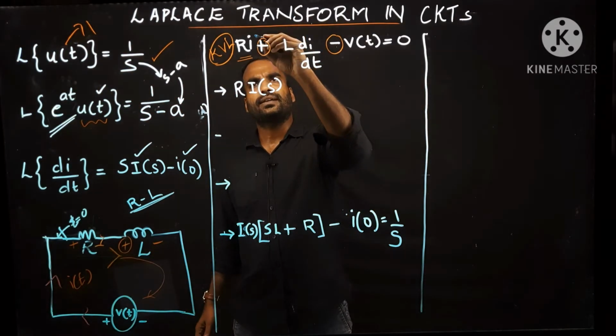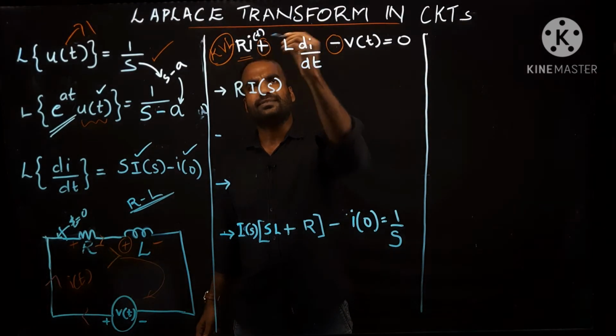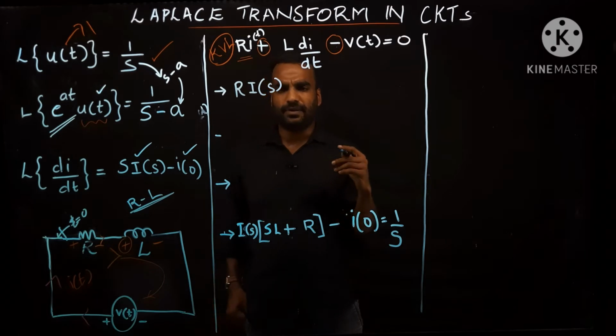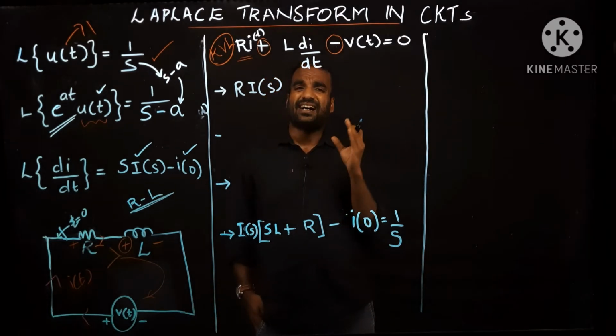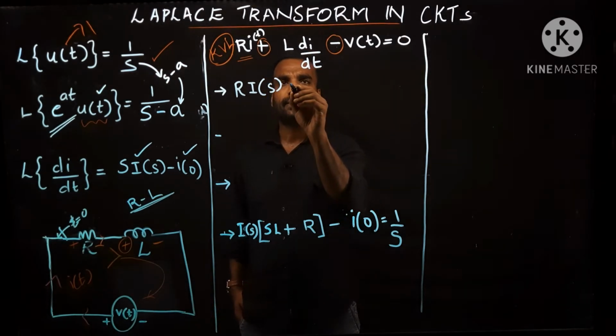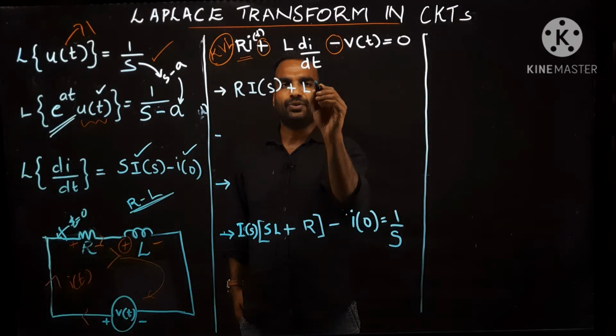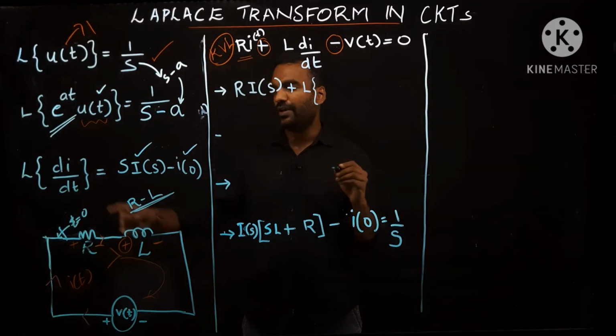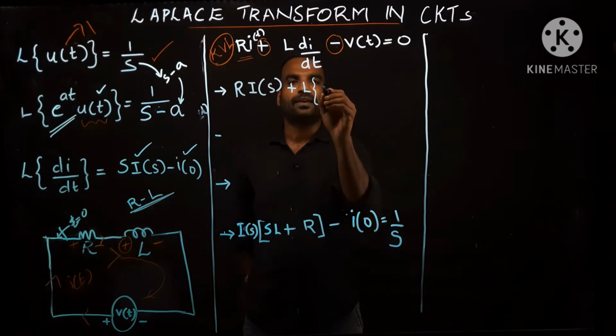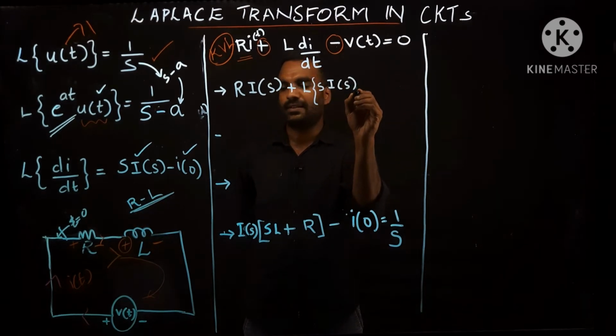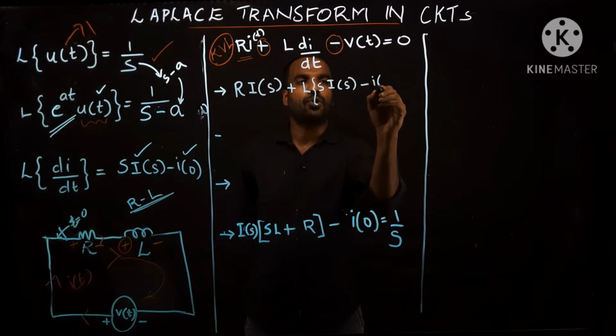In S domain, it is written as R into I of S plus L into, applying this rule, S into I of S minus small i of 0.